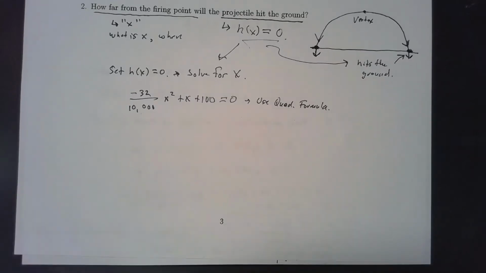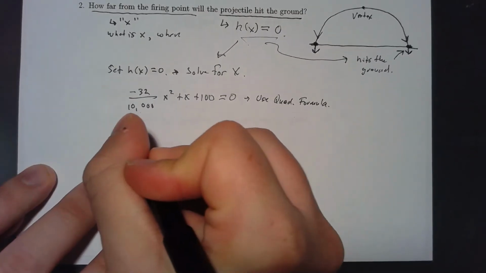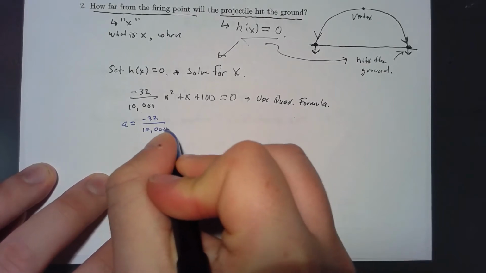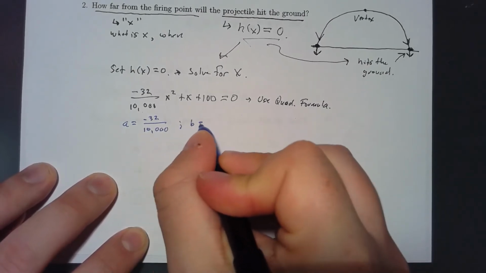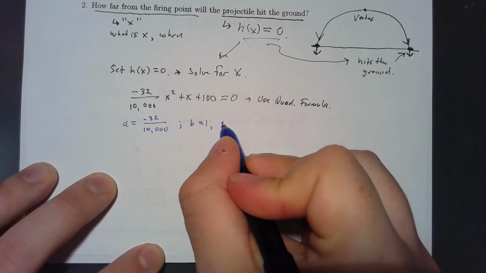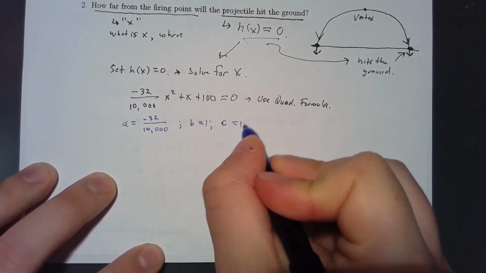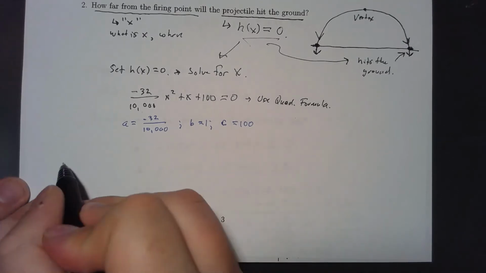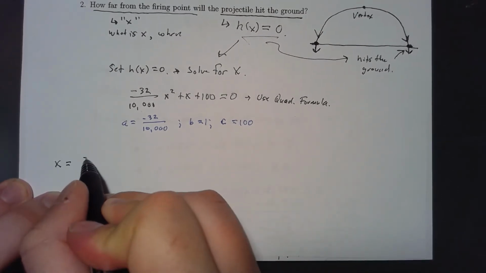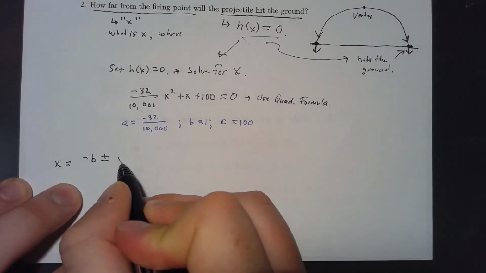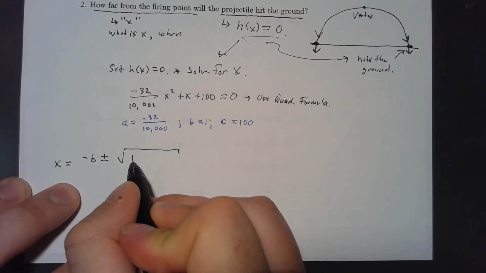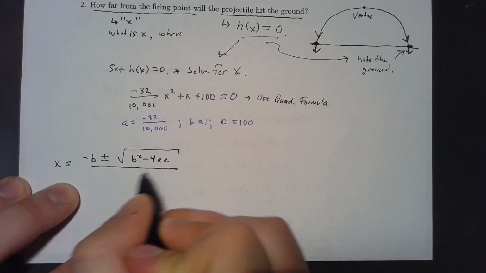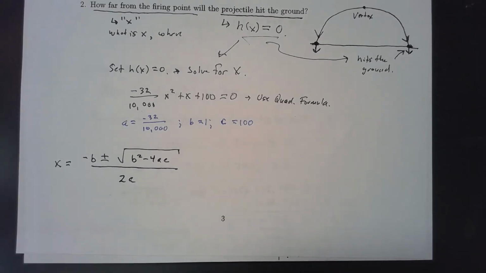A here is negative 32 over 10,000. B is 1. And C is 100. So the quadratic formula is x equals negative b plus or minus the square root of b squared minus 4ac all over 2a.